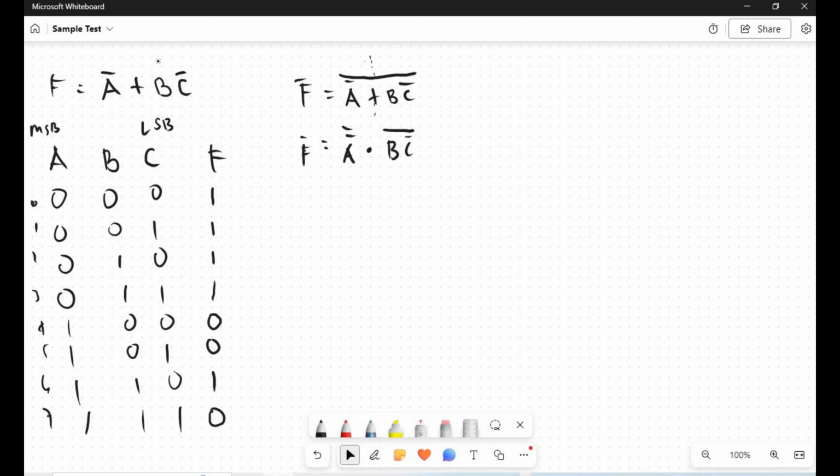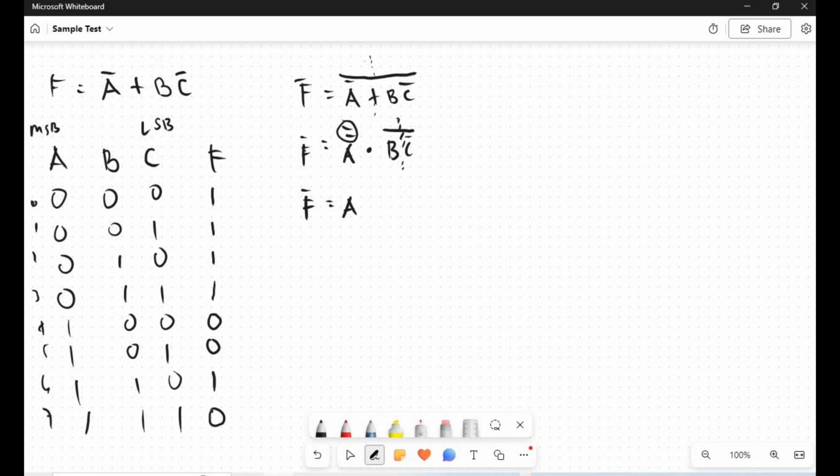Since we have two variables across this bar, you can further divide it since they are using AND, it should be converted to OR. Then if you have a double bar, that would be cancelled out.